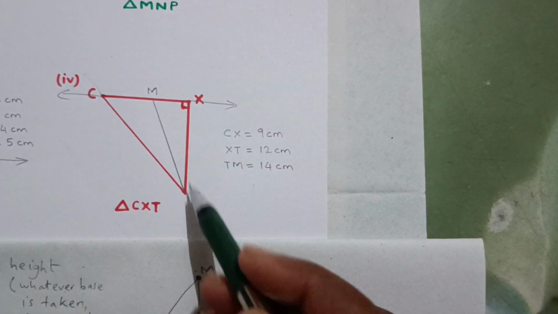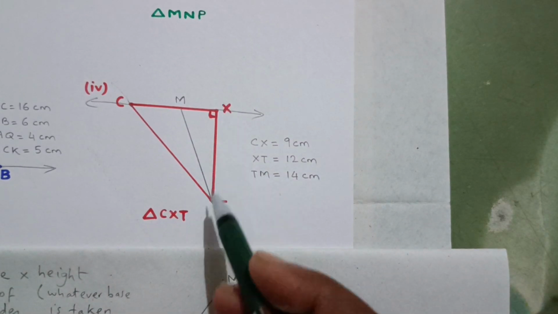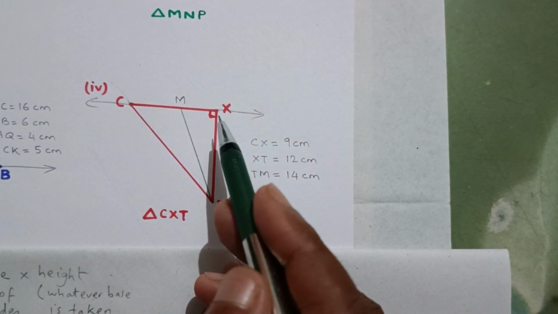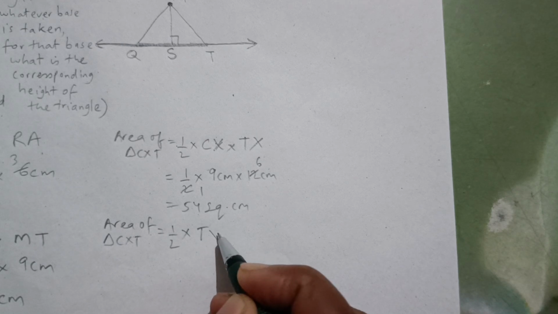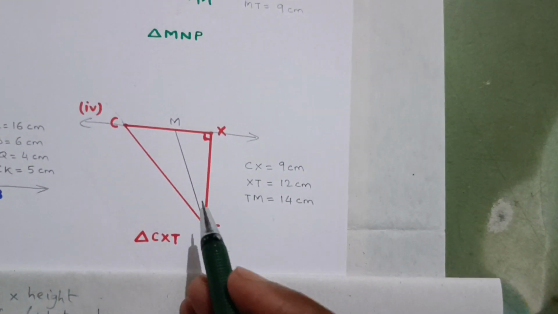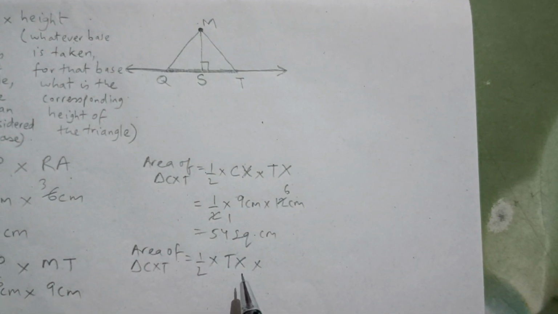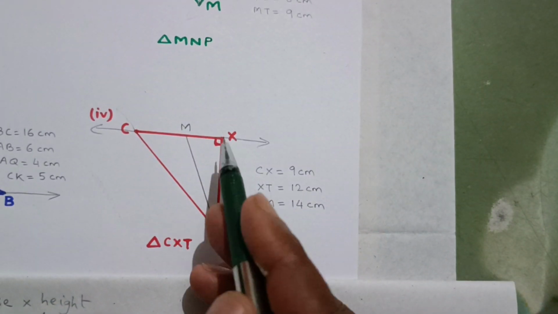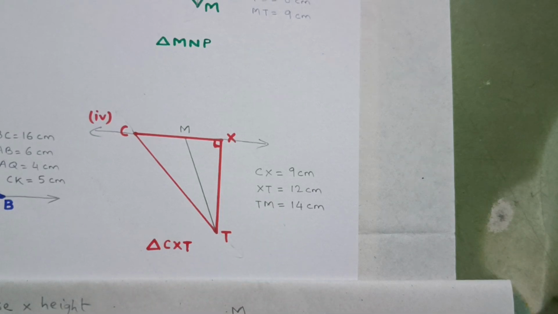You can take the base as Tx also, because base can be any side of the triangle. So Tx is one of the sides of the triangle. So I will take the base as Tx. Now the value of Tx is given to us, 12 centimeters. So I can take Tx as the base. So for base Tx, what is the corresponding height?